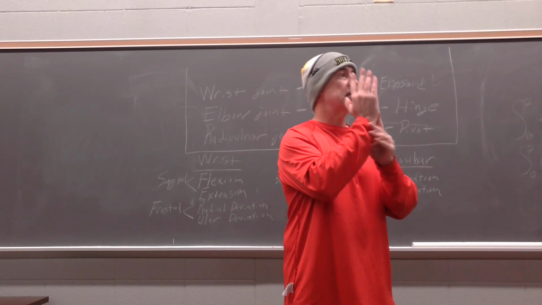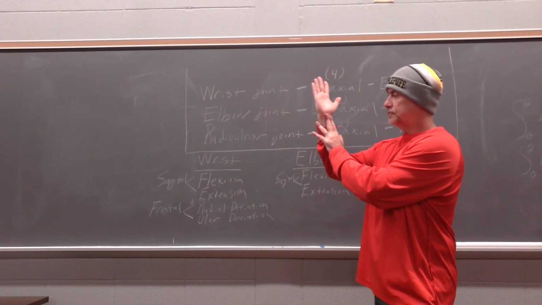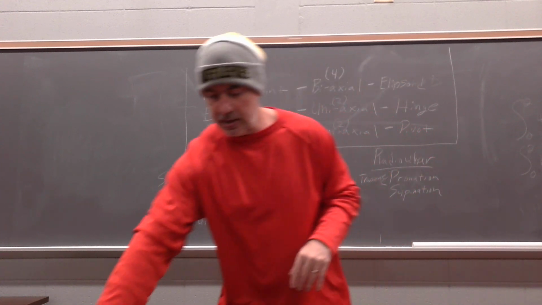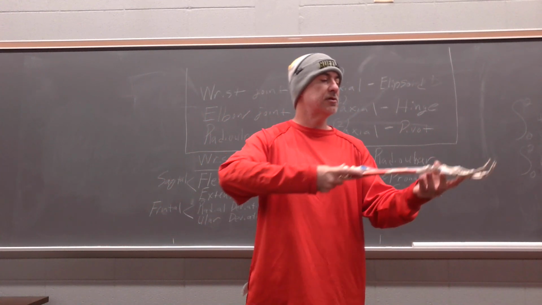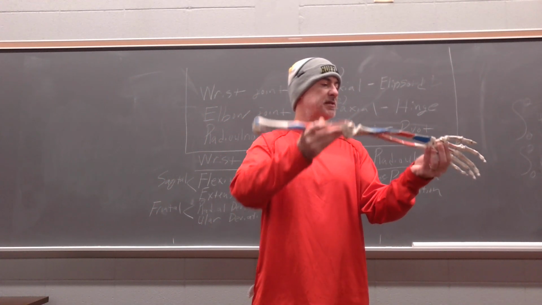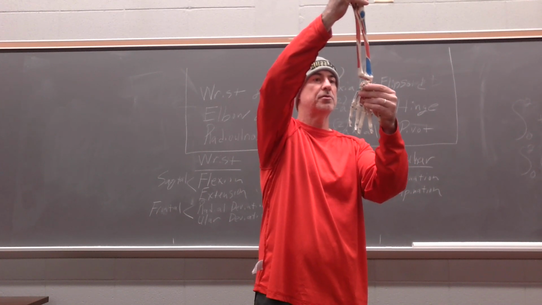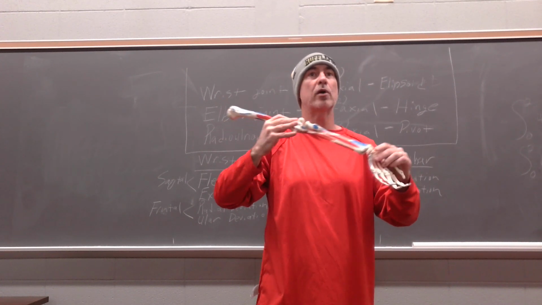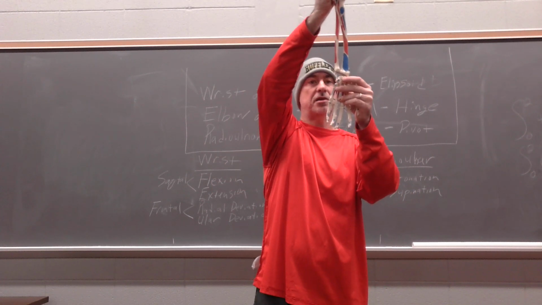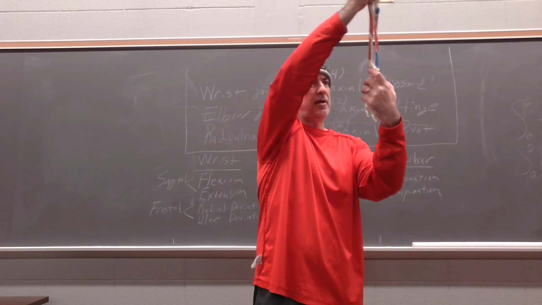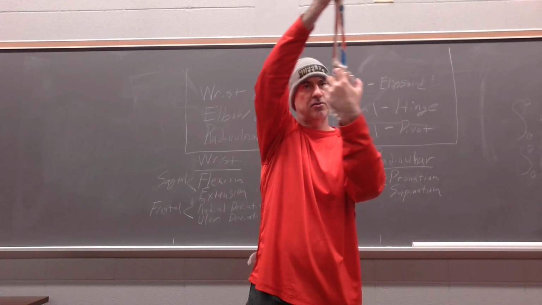So the wrist joint is where the carpals, more specifically the scaphoid and the lunate, that's not going to be on your test, but the proximal carpals, articulate with the radius. Now watch this, how cool. You see all of this extra space on here?